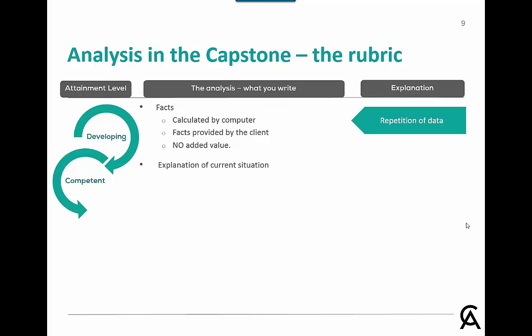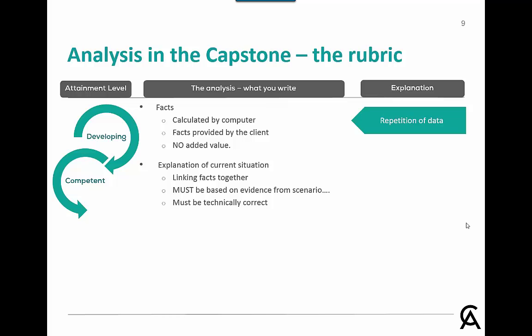Competent takes those facts and provides an explanation of the current situation, linking facts together. It must be based on evidence from the scenario. You don't make stuff up. And it must be technically correct. For example, a few candidates can confuse sales revenue going down and gross margin percentage going up.